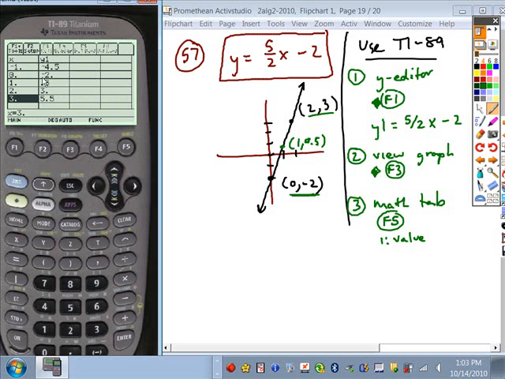But here you could find the same thing. When x is 2, y is 3. When x is 0, y is negative 2. So you can scroll down through these and find corresponding points also. And so you should always be able to find your points very easily. Again, I think the easiest way is to count it out: go to the y-intercept and then use the slope to get it.